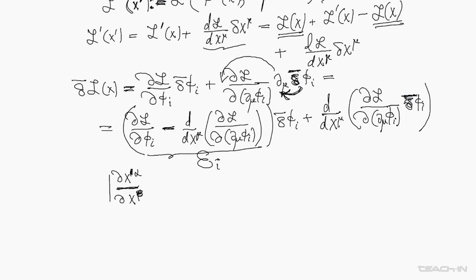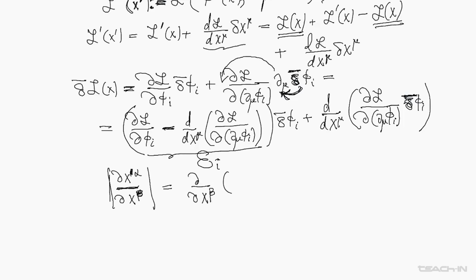So this is a determinant of the Jacobi matrix, and infinitesimally I need to compute this derivative. So I need actually to write it in the following way: ∂/∂x^β (x^α + δx^α), and determinant.